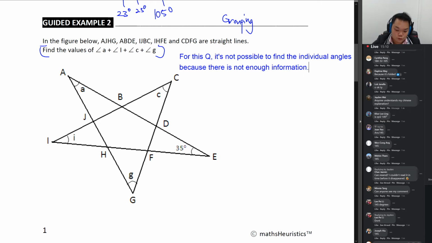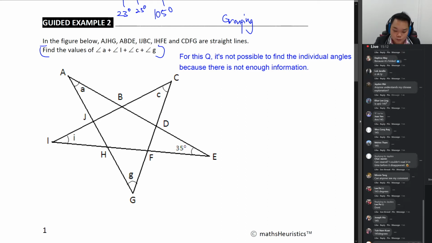So to deal with this, you have to group them up together. So how would you do this? Now, you can observe that if you take these apart, if you isolate these triangles, of course there's a faster way to do it, but I'm not going to go through that form of reasoning.